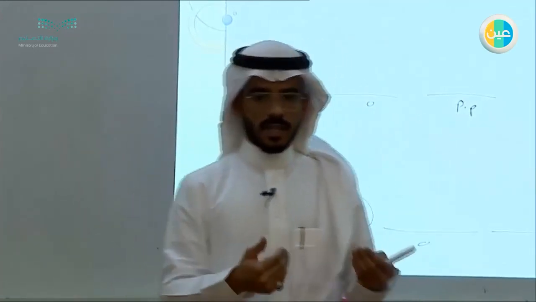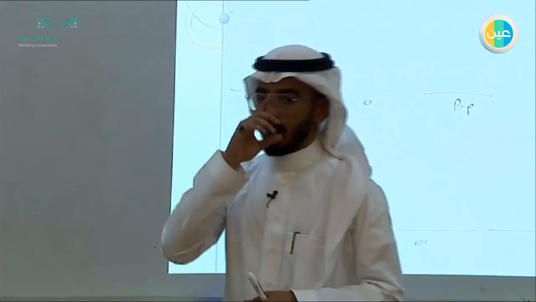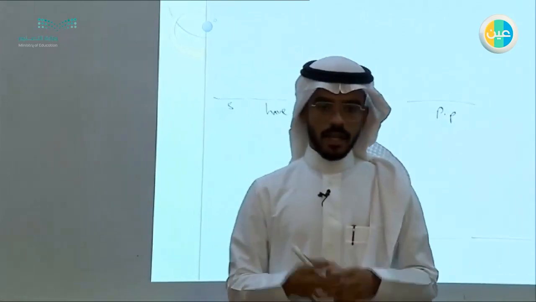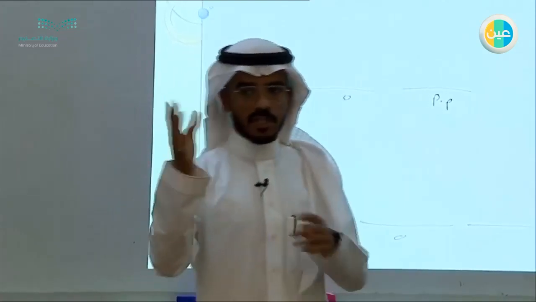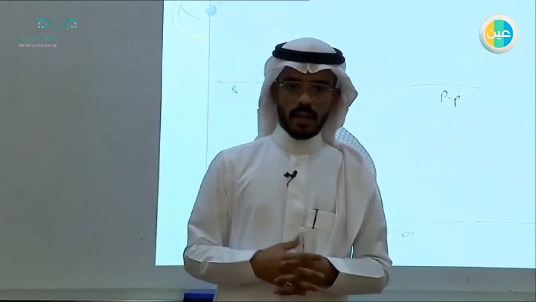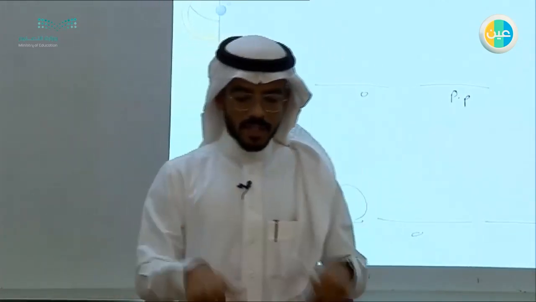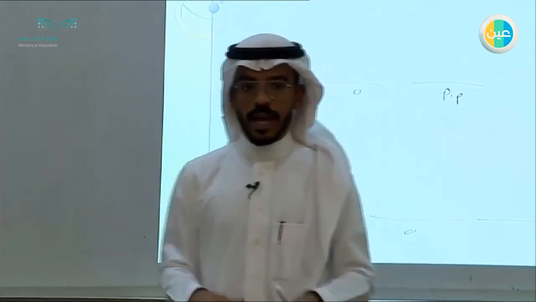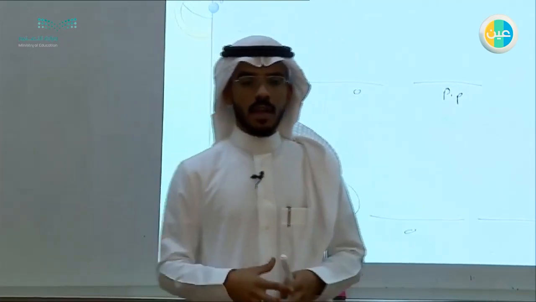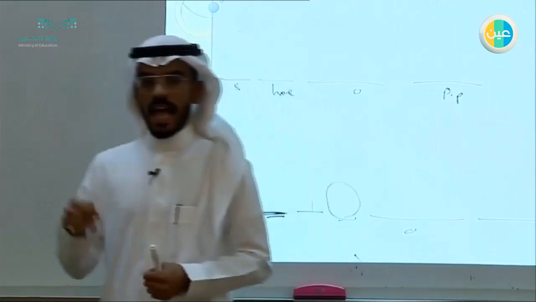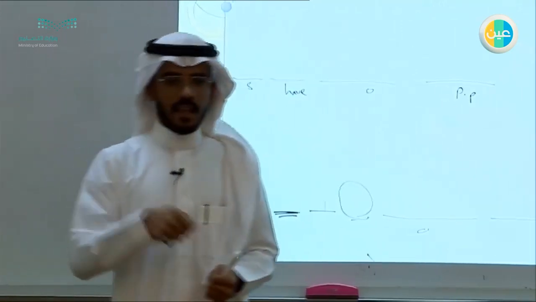Or something that happened in the past and the result is still in the present، والنتائج لا زالت موجودة في الحاضر. Or something that has just happened، شيء حدث للتو.